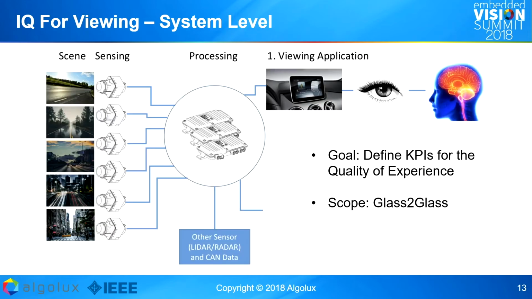The next subfield out of P2020 would be imaging for viewing applications, or designing KPIs for viewing applications. And here the standard really targets glass to glass. So that means incoming light field, propagating that all the way to a display, which is then emitting signals which are perceived by a human and analyzed as an image.